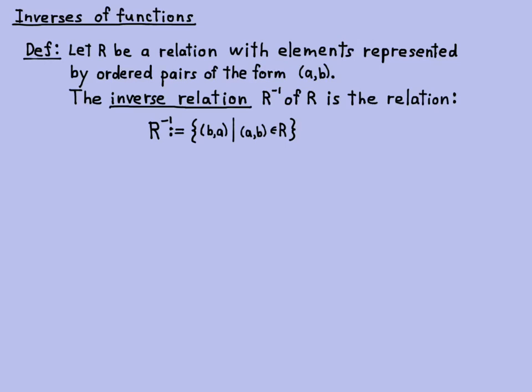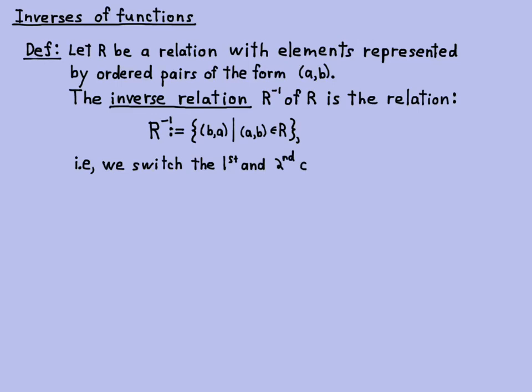And the converse turns out to be true as well. If (B, A) is in R inverse, then (A, B) will be in the relation R. So they're inverses of each other, R and R inverse. Seems a little weird at first, but that's the way it works.